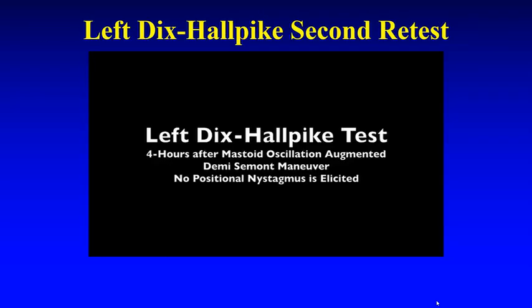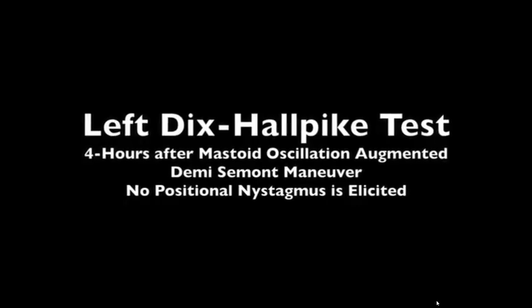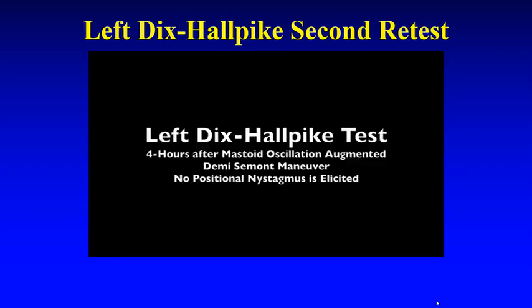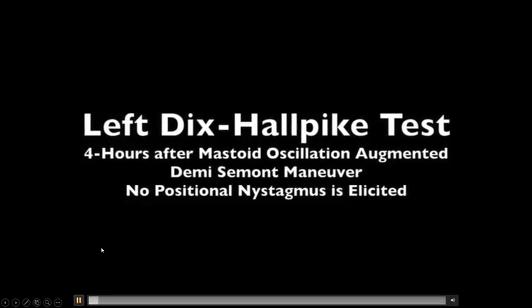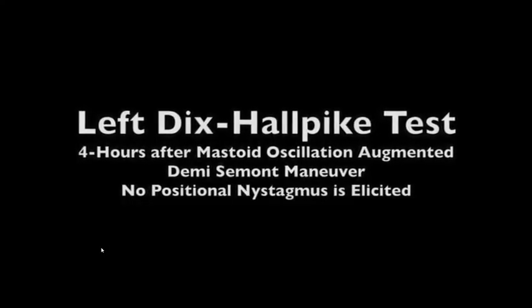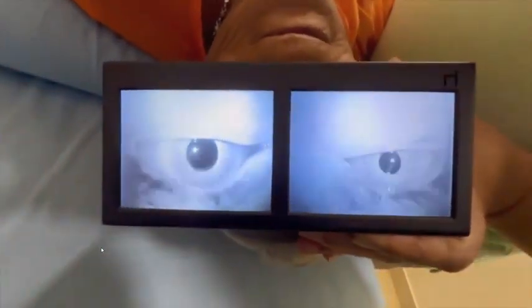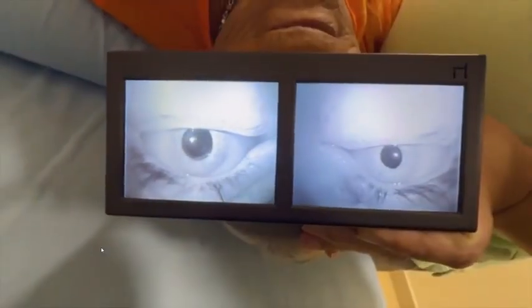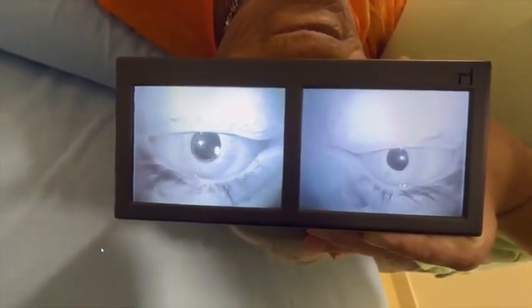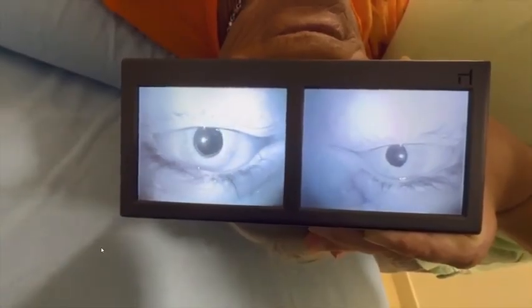We examined the patient with a second Dix-Hallpike test after 4 hours, and there was no positional nystagmus that was earlier seen. The eyes are totally static.